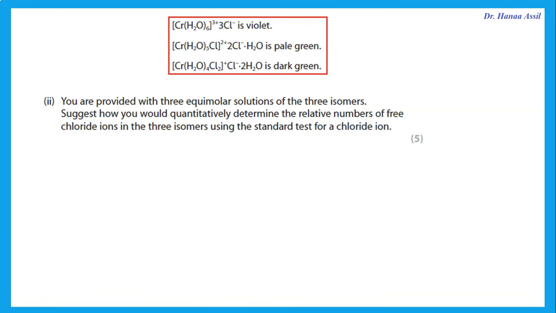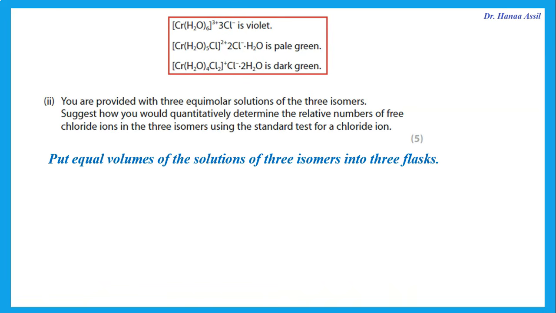Now, how do we determine the relative numbers of the free chloride ions? First of all, we need to put equal volumes of the solutions into 3 flasks. And then, how do we test for chloride ions?